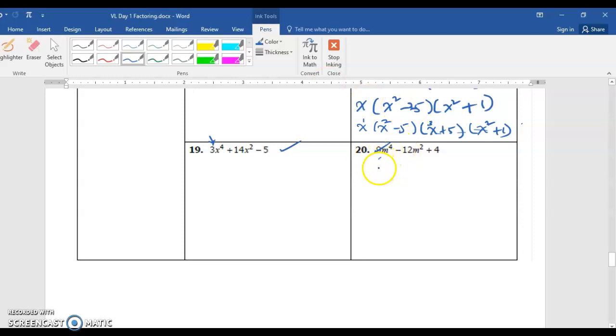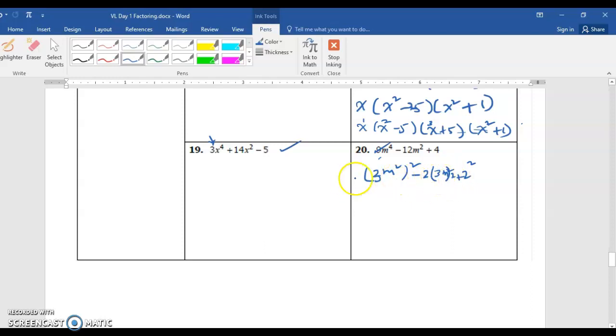Okay, this actually is looking like 3m squared, and this is 2 squared. I just have to check if the middle term is 2 times 3m and 2. So 12m squared, my bad.